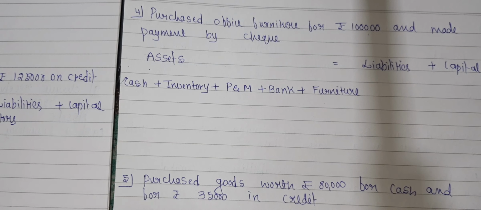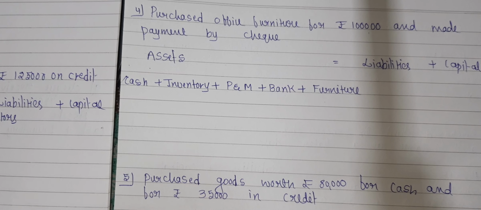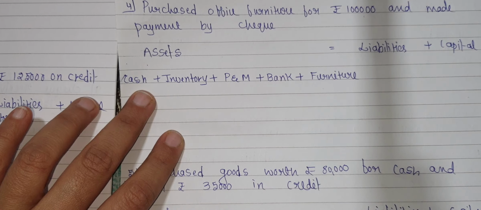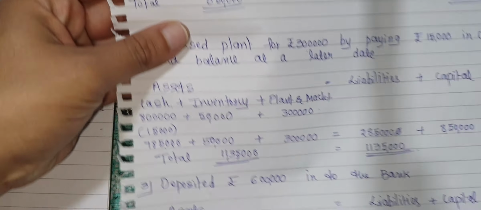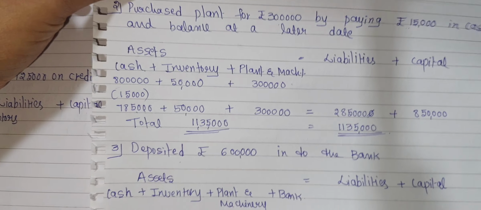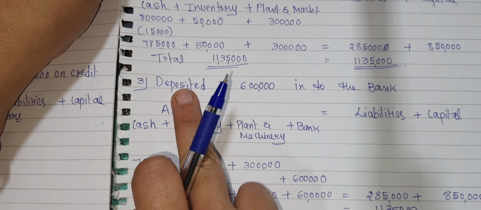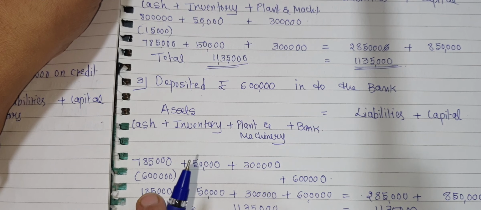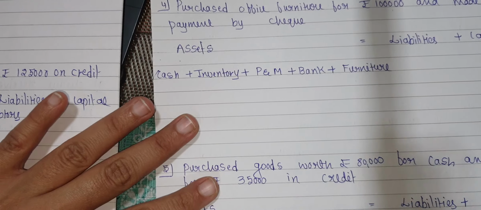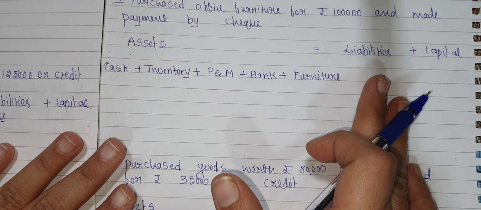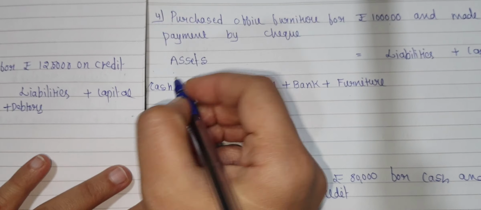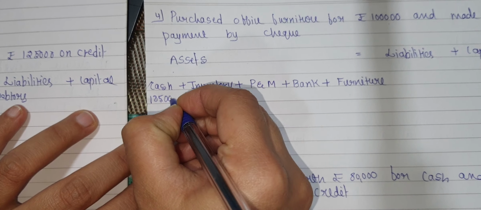So now what is the equation? Assets equals liabilities plus capital. And what about our cash amount? That is rupees 1,85,000. Why? Because in the last transaction we deposited rupees 6 lakh into the bank, and the remaining cash is rupees 1,85,000.